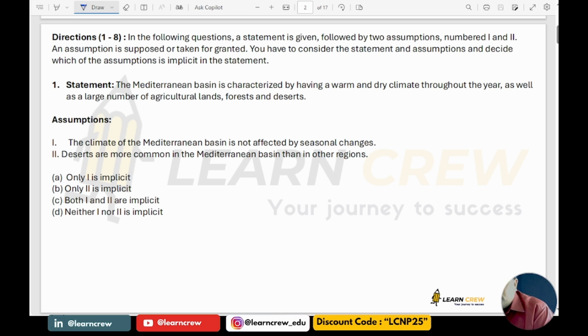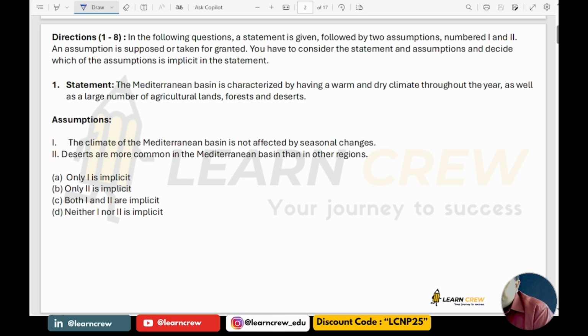So it is assumed, and it is also given, that the Mediterranean basin is characterized by having a warm and dry climate throughout the year, as well as a large number of agricultural lands, forests and deserts. So here the statement mentions that the Mediterranean basin has a warm and dry climate and a large number of agricultural lands, forests and deserts.